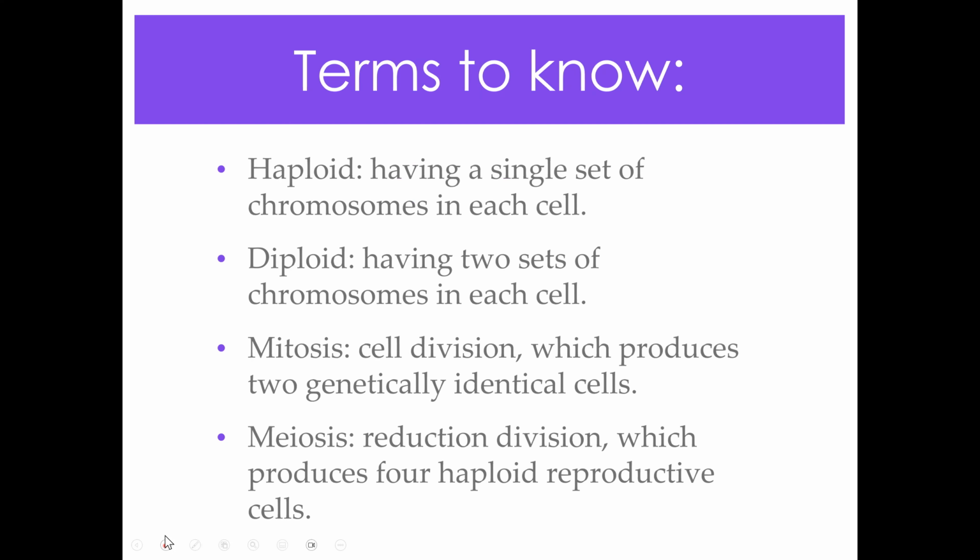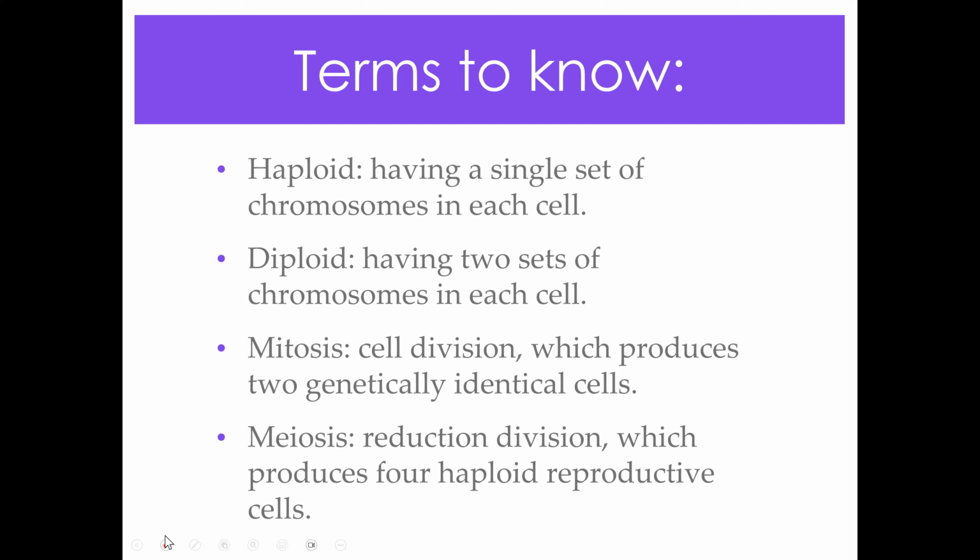All right, so haploid is a single set of chromosomes in each cell. A diploid has two sets of chromosomes in each cell. So normally we talk about female cells or female reproduction being XX and male cells being XY. Mitosis is when a cell just splits in half, and then you have two identical cells.